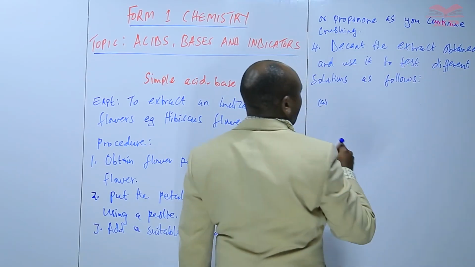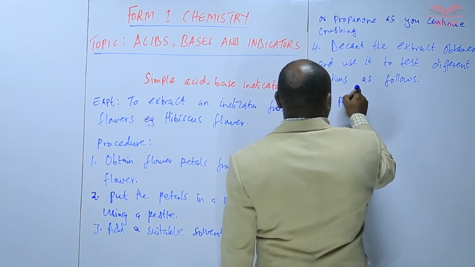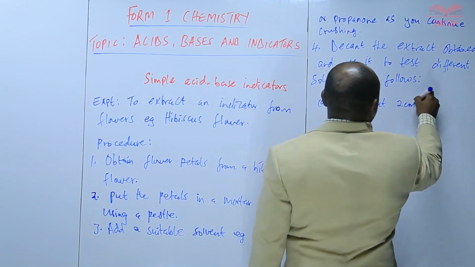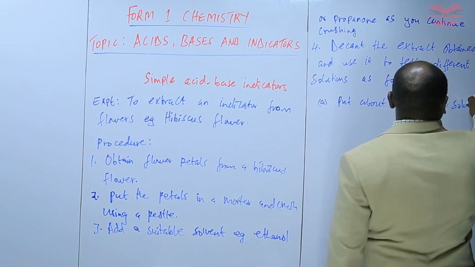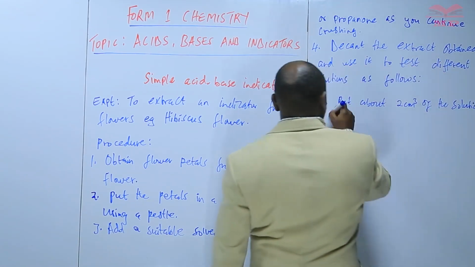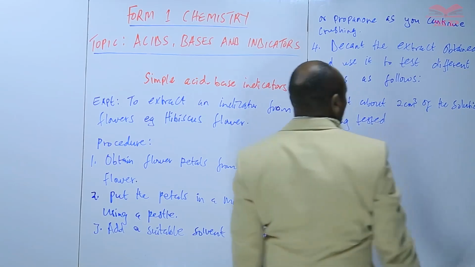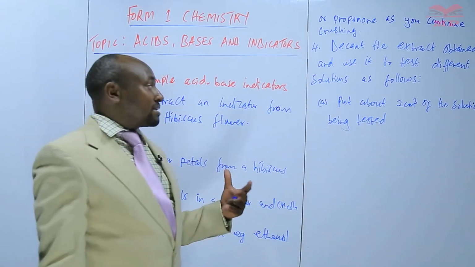A, you put about 2 cubic centimeters of the solution being tested. So 2 cubic centimeters of the solution that we want to test, whether it's an acid or a base.